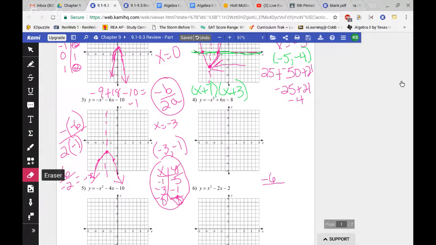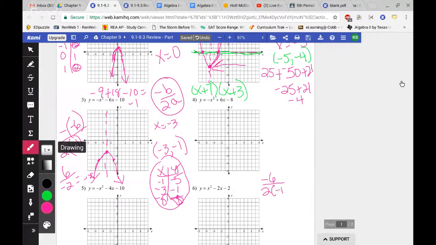Times, it might be a positive, because you've got that 2 times -1. So that's going to be -6 over -2, which is a +3. Yeah, but you got the 3 right. There's a lot of negatives and positives going on in this thing. So, 3, and then we plug in. So the axis of symmetry is 3.